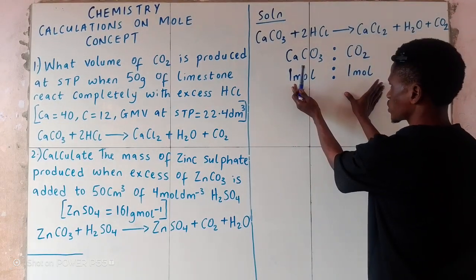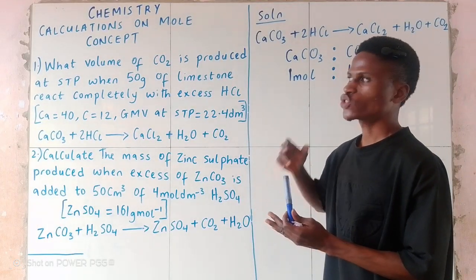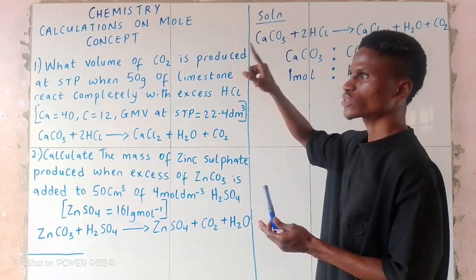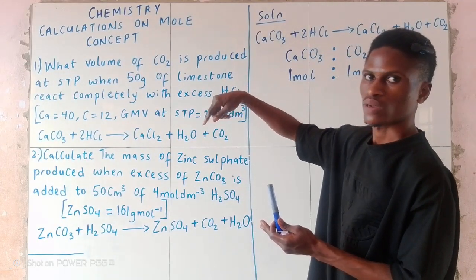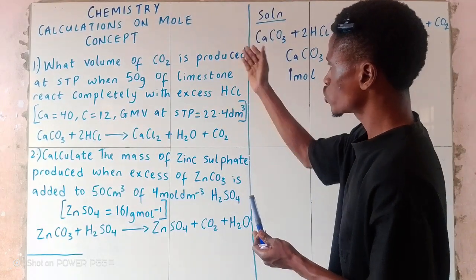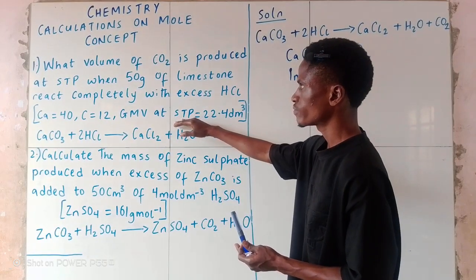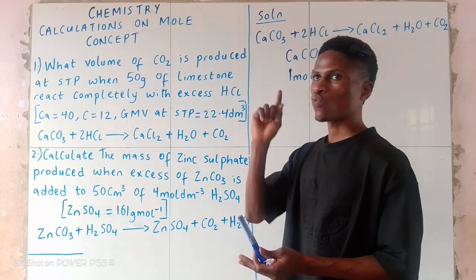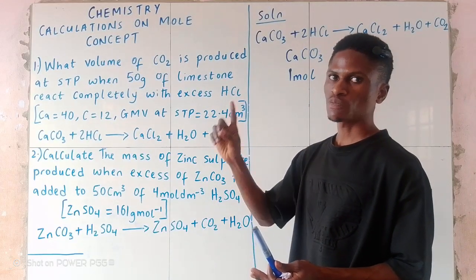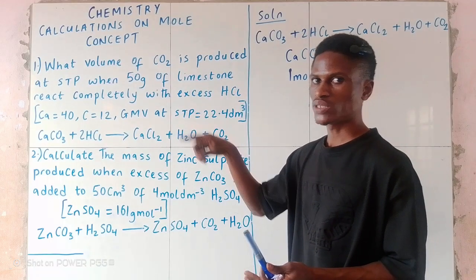After I've done this, my next step, like I said before, is to bring out the parameters that are given in the question. What volume of CO2? We check here, we are seeing STP. And I said that 1 mole of any gas at STP will occupy a volume of 22.4 dm3.